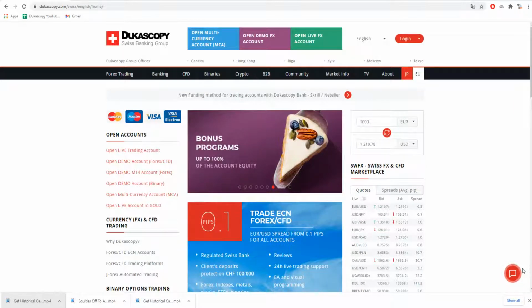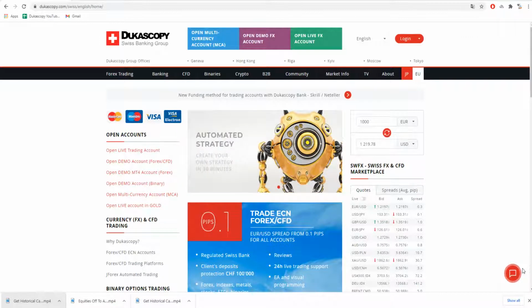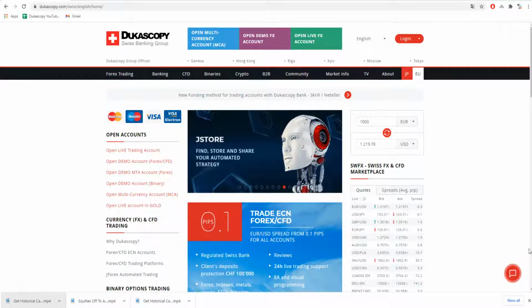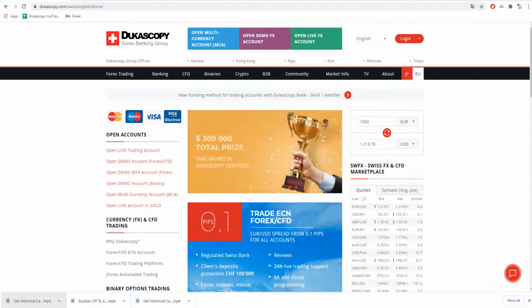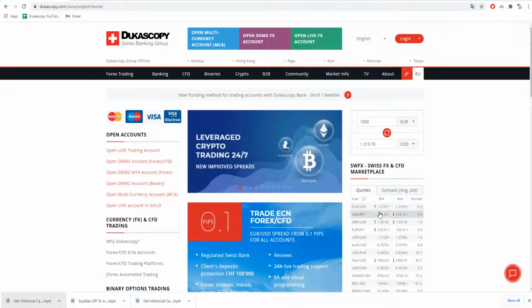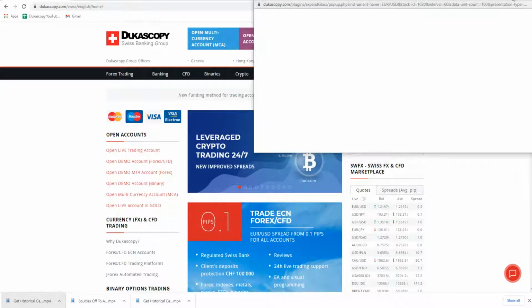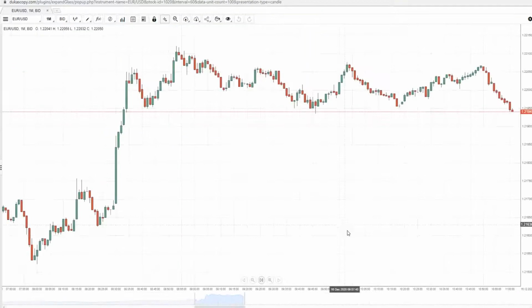If you want me to take a look at any currency pair to use for the strategy, feel free to drop it in the chat box at your right hand corner. I will take a look at your currency pair, and I will do the strategy on the currency pair which you picked. But apart from that, let's get started with this strategy.